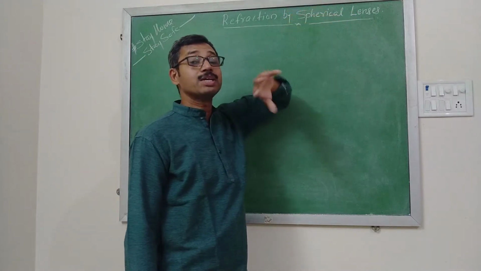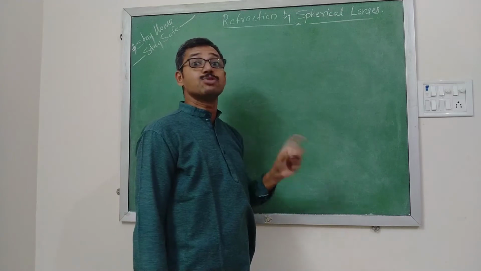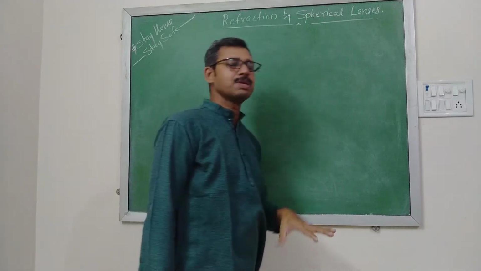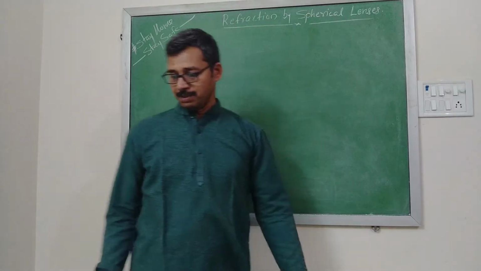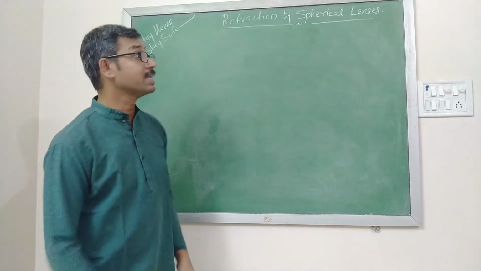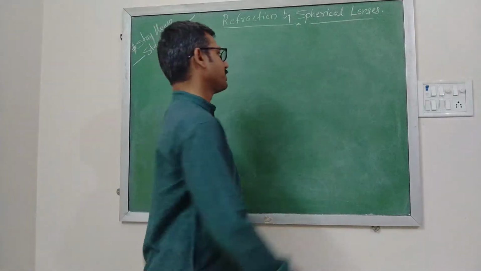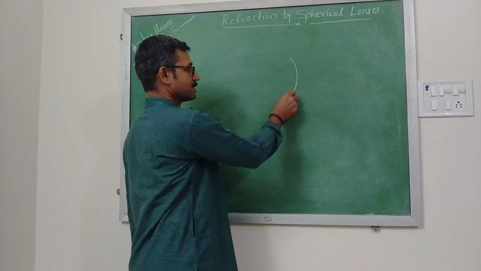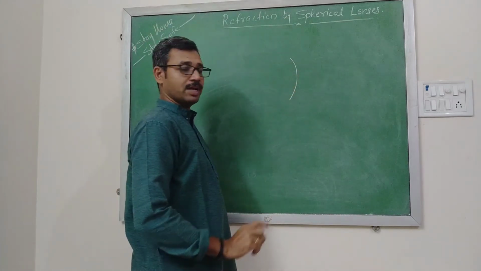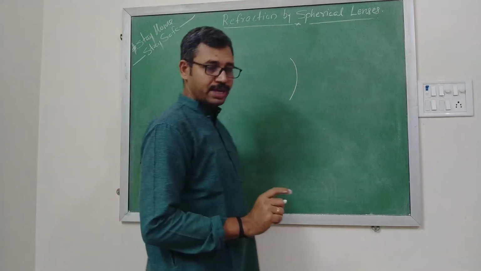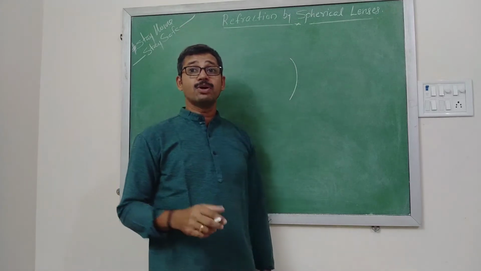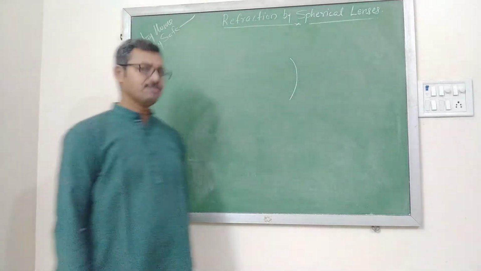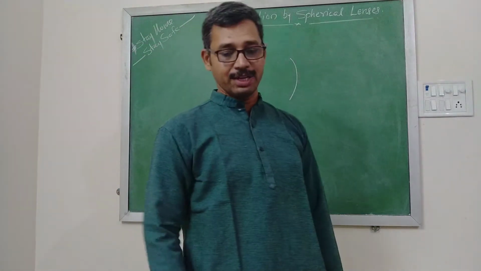Here it is not one sphere but two spheres, a sphere or two spheres. Anyhow, there is a spherical surface. Now we will see how a double convex lens or a double concave lens is formed.